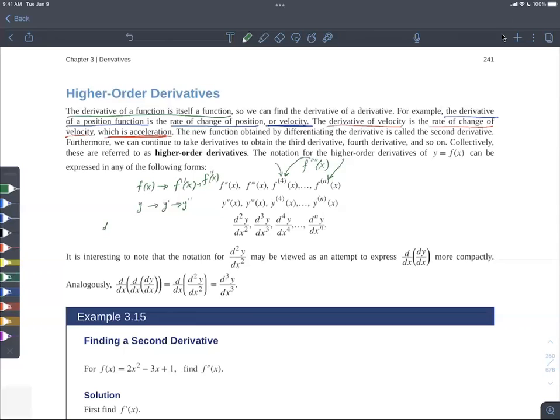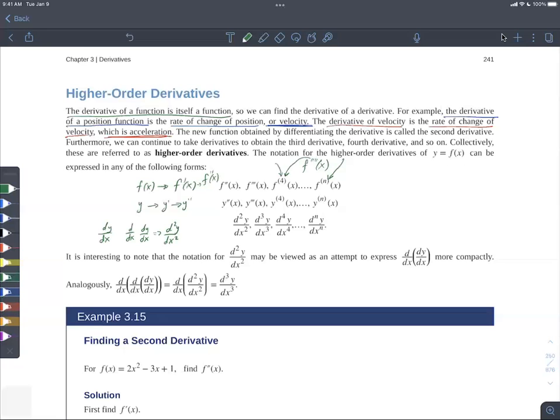If you like the dy dx notation, if we take the derivative with respect to x again of dy dx, this ends up being written as d squared y dx squared, right? So that would be the notation for the second derivative, third derivative, fourth derivative, and so on.